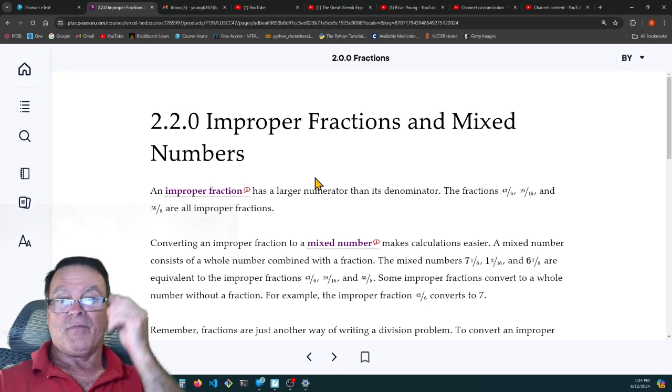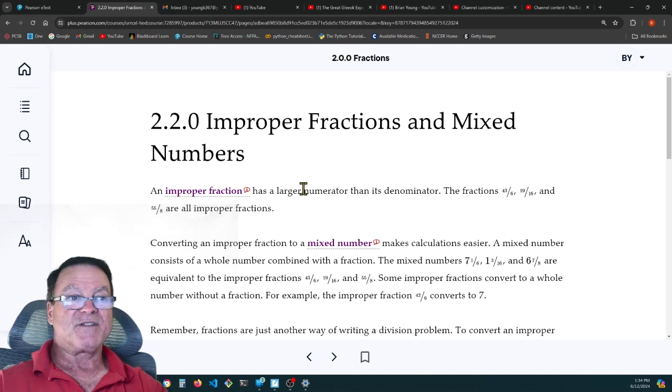2.2.0, improper fractions and mixed numbers. An improper fraction is one that has a numerator larger than the denominator. And a mixed number is a number made up of a whole number and a fraction.